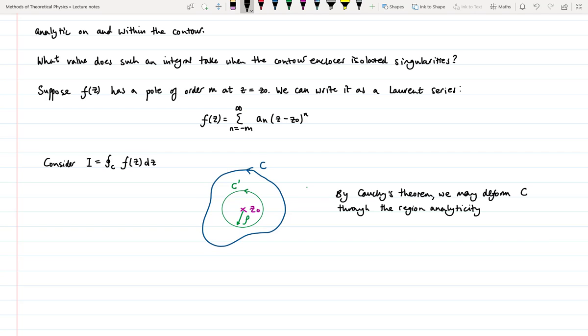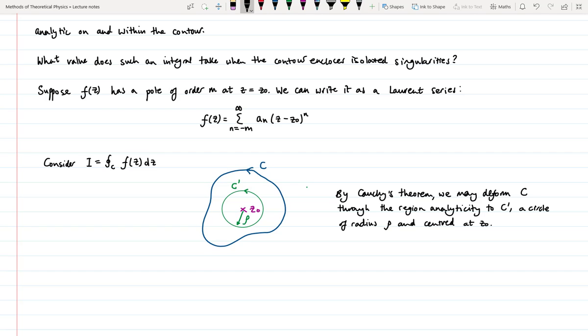We're free to deform from C to C'. This resulting contour C' is a circle of radius ρ and centred at Z0.